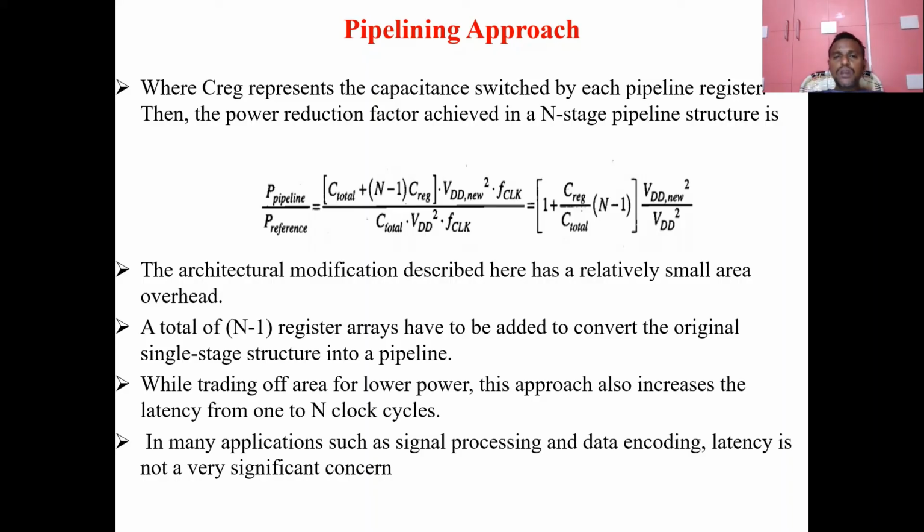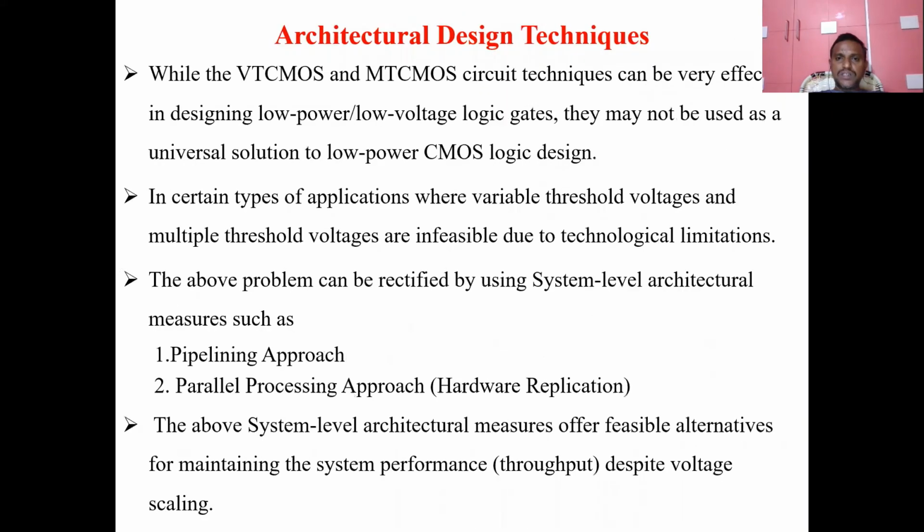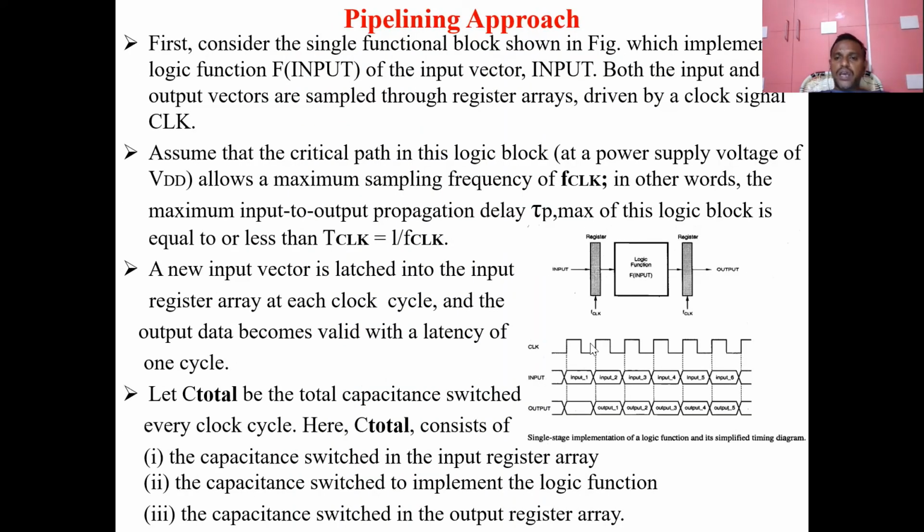Okay, now the next one we have is the parallel processing approach. Till now what we have discussed is why we go with these architectural design techniques, that is the pipelining approach and the parallel processing approach. After that I explained the single stage approach, and what the clock frequency and latency are here.